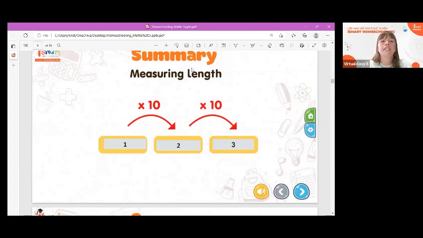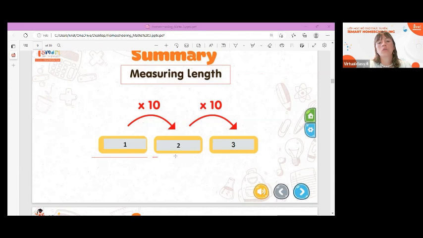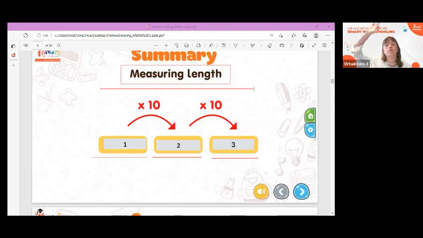Okay, so let's take a look over here. We have measuring in length. Measuring in length. So here we have 1, 2, 3. All right, so this is the measurement. So who would like to read this for me? Measuring length. Who would like to read this for me?